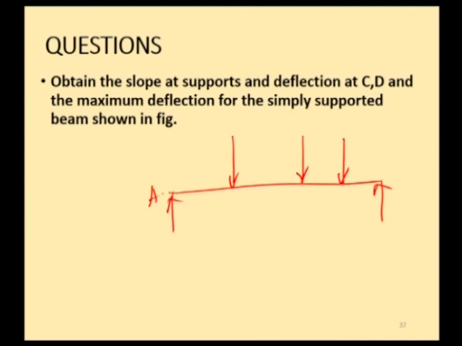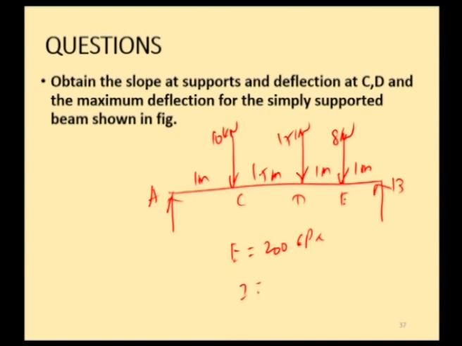So, we have A, B, C, D, E. The loads are 10 kilonewton, 15 kilonewton, 8 kilonewton, and the distances are 1 meter, 1.5 meter, 1 meter and 1 meter. So, take E value as 200 GPa, I value as 10,000 centimeter power 4.